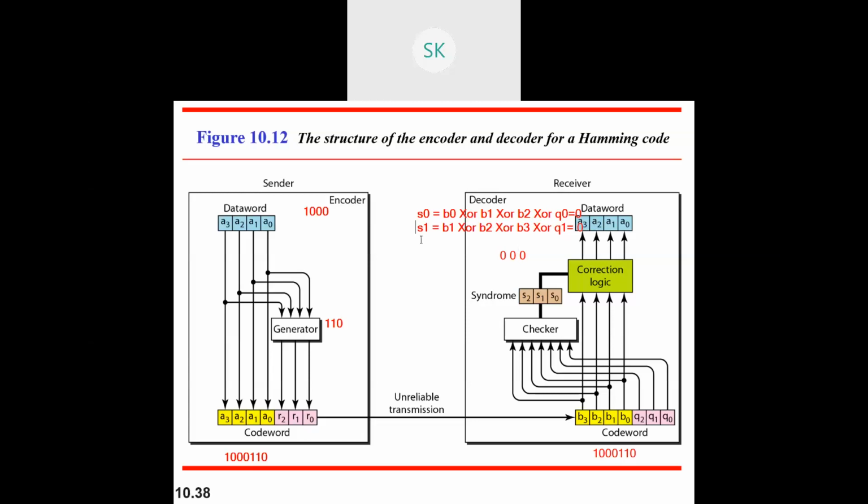The next particular value, S2. With respect to that, it is the combination of the remaining thing. It is B0, B1, B3: B0 XOR B1 XOR B3 XOR Q2.